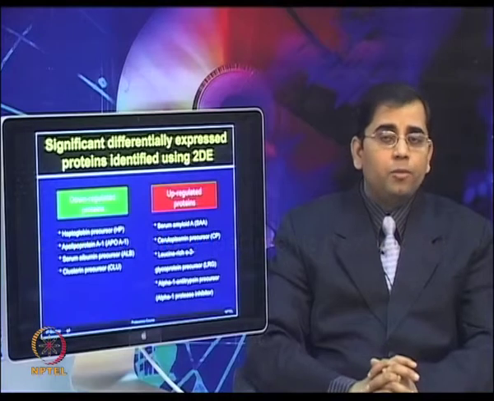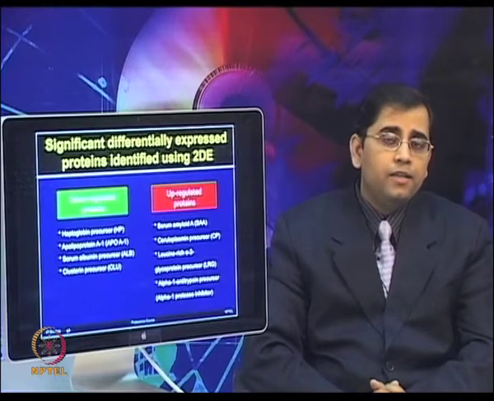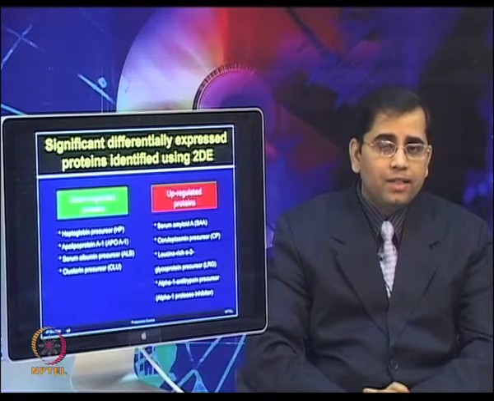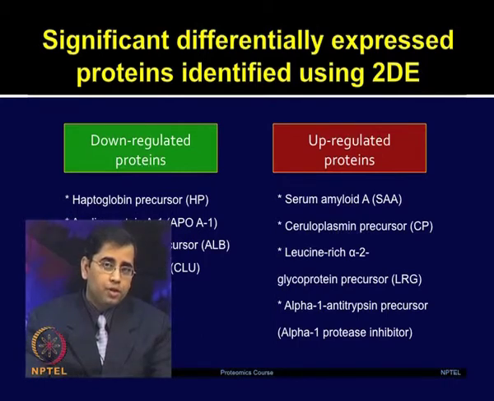But at the end, from these mass spectrometry experiments, one can obtain the identity of these proteins, and as you can see in the slide, there are several proteins in the host human which were differentially expressed due to the Plasmodium vivax infection.